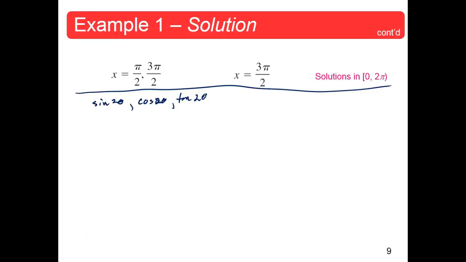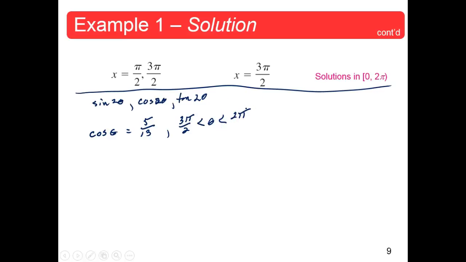Okay? Given that cosine theta is equal to 5/13, seems like we've seen something like this before, and that 3 halves pi is less than theta is less than 2 pi.